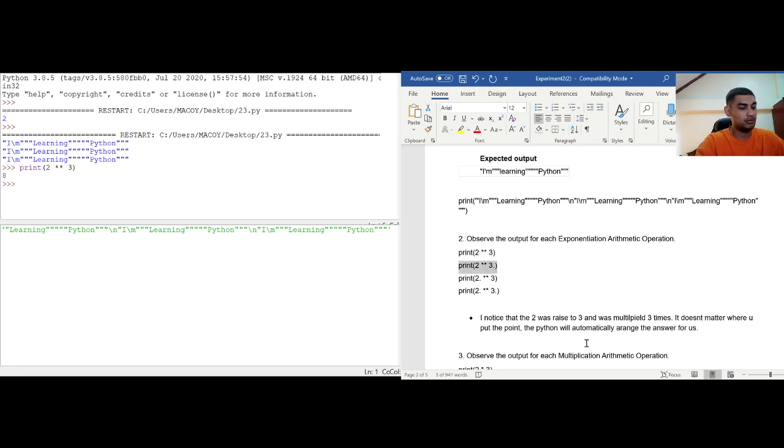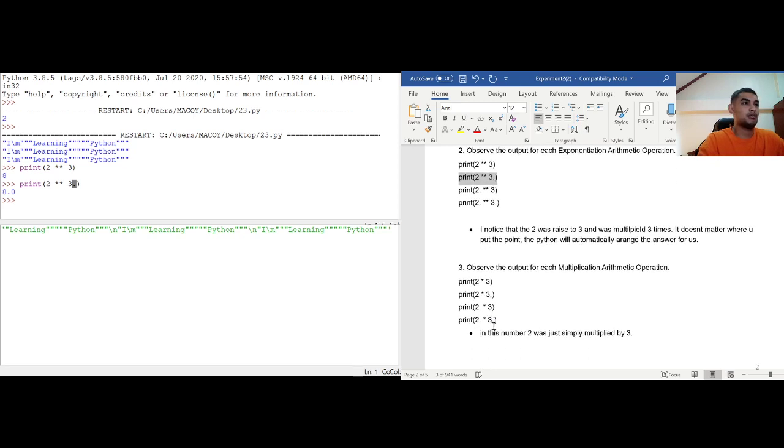And for the second one, as you can see, we now have the output of 8.0, because in this example we have already put the point, so the result will have decimals. From my observation, I noticed that 2 was raised to 3 and was multiplied 3 times. So it doesn't matter where you put the point. Python will automatically arrange the answer for us.